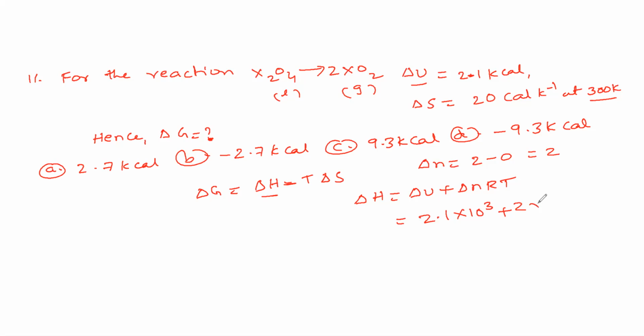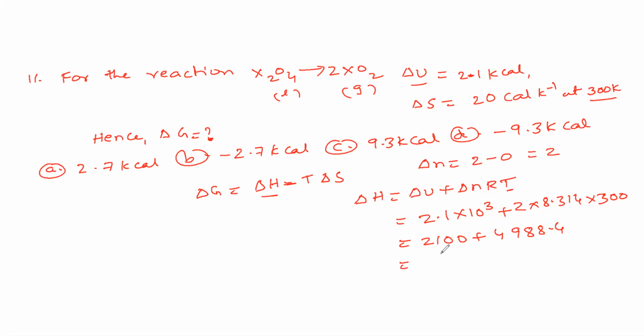So 2 into R value, 8.314, into T value, 300 kelvins. Let us multiply: 2 into 8.314 into 300 is equal to 4988.4, plus 2100.